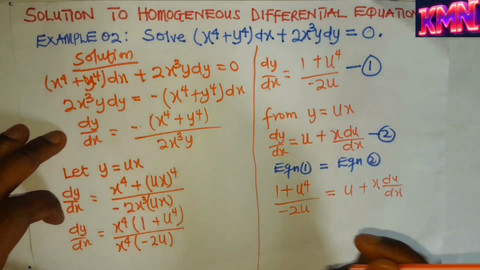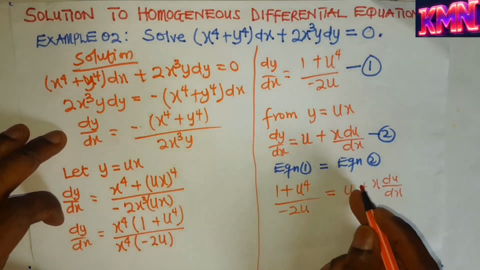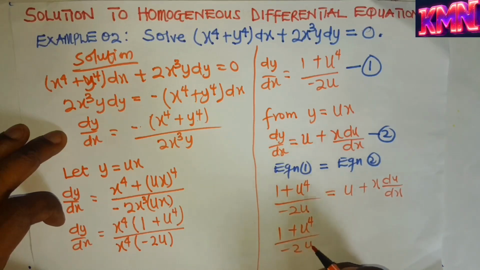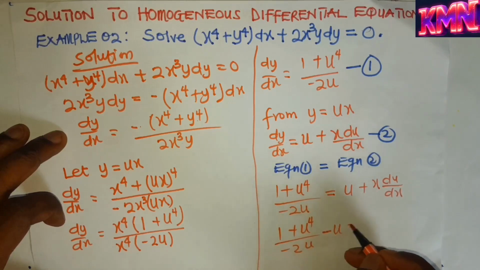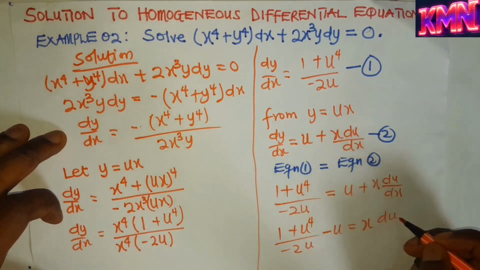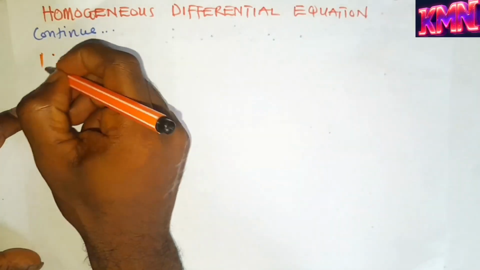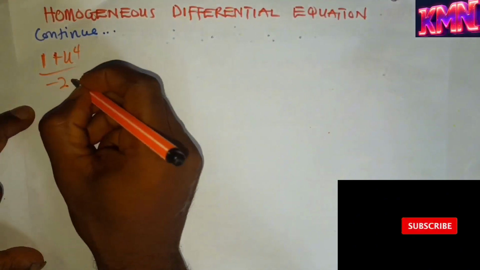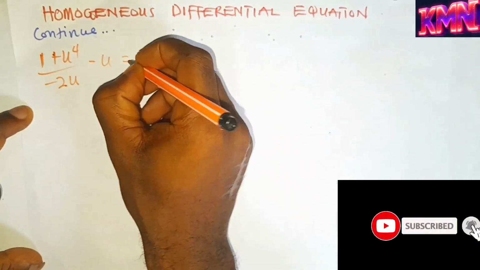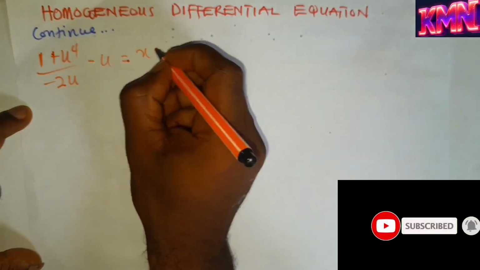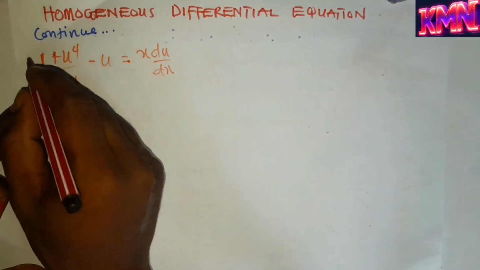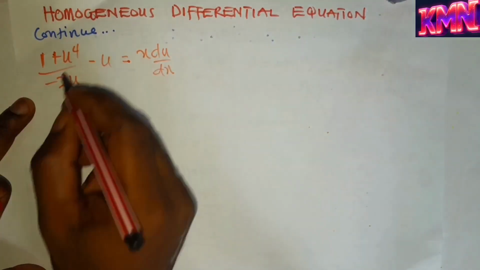So grouping the u's, moving this to this side, I have (1 + u^4) on negative 2u minus u equals x du/dx. Simplifying, first of all, let's multiply through by negative.